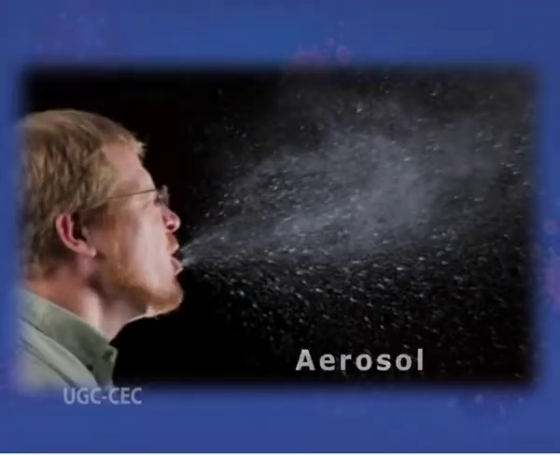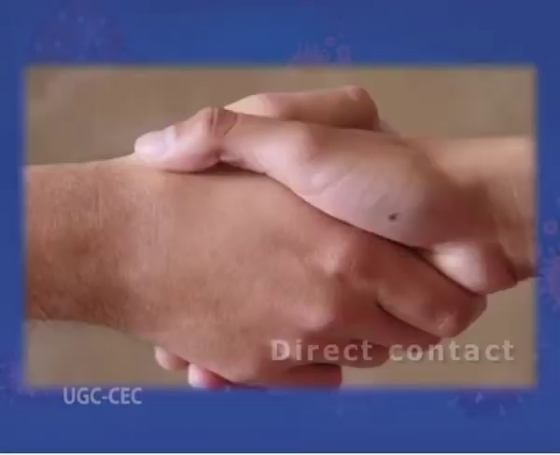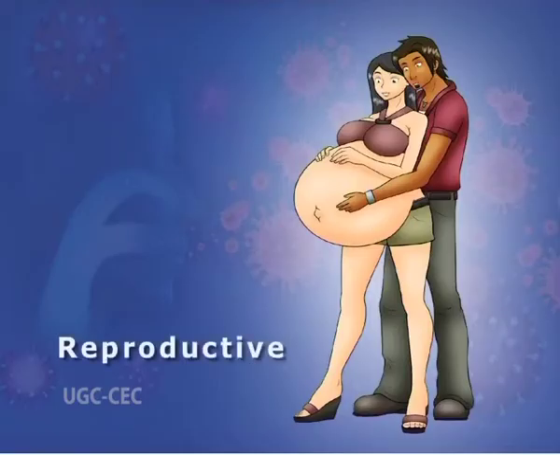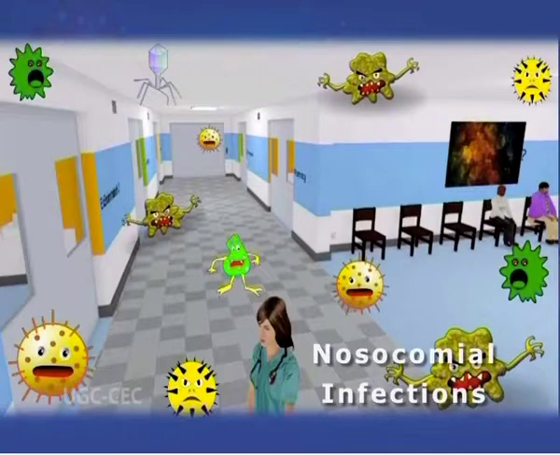Let us discuss transmission. Disease-causing agents can be spread from animal to animal or animal to humans through a variety of transmission routes: aerosol, fomite, oral, direct contact, reproductive, vector-borne, zoonosis, and most notably nosocomial infections.